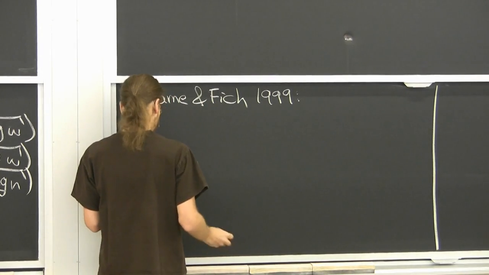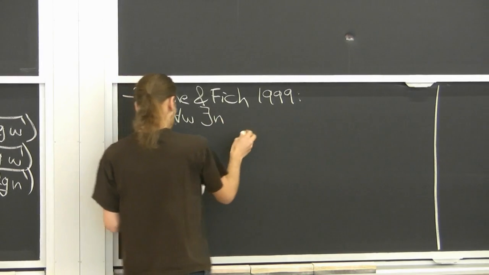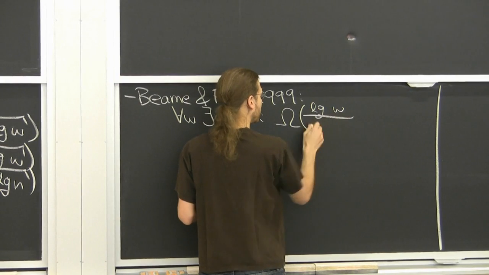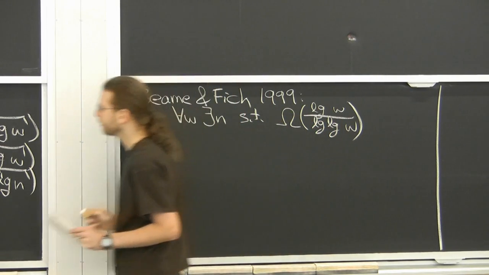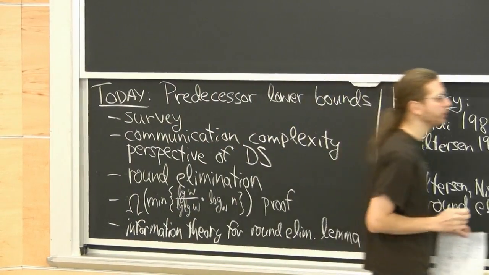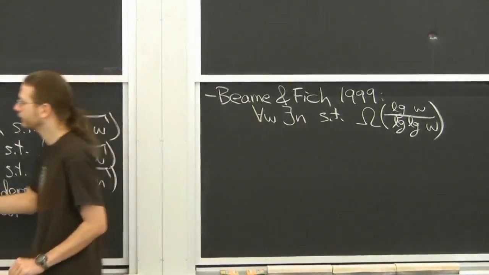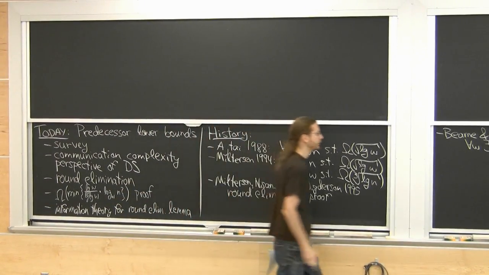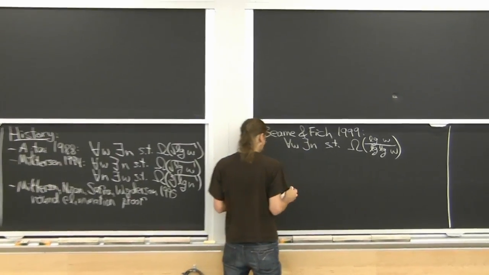And this proved for all w there exists an n, so log w over log log w, which is the same thing we're going to prove, except this only proves it for certain values of n, whereas we're going to prove it for all values of n where this is smaller than that. Okay, so this is a bit more special, not covering the whole w-n trade-off.